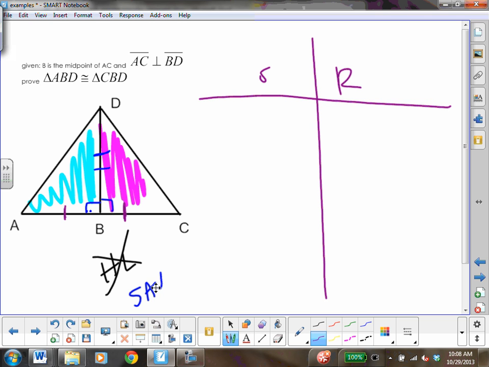In order to do side angle side, I need to say that two pairs of sides are congruent and one pair of angles. So let's start off with our givens. B is the midpoint of AC, and AC is perpendicular to BD.